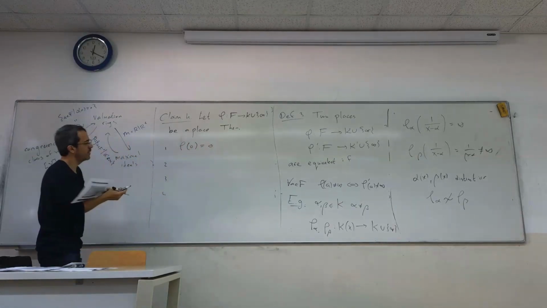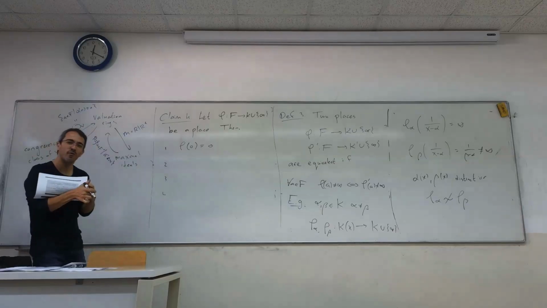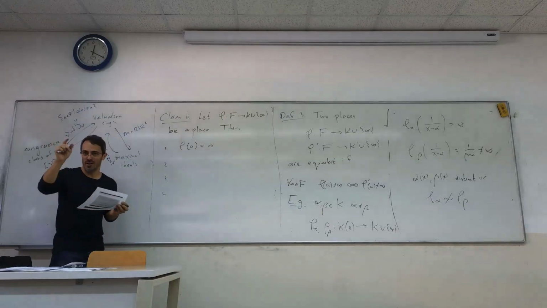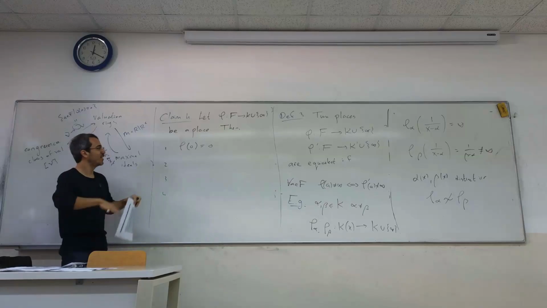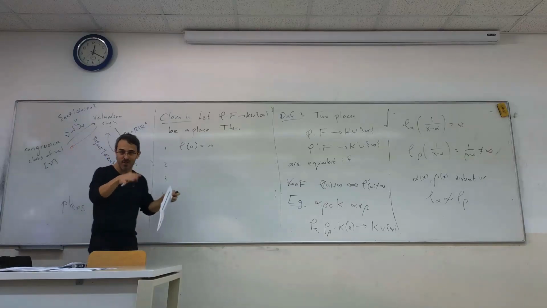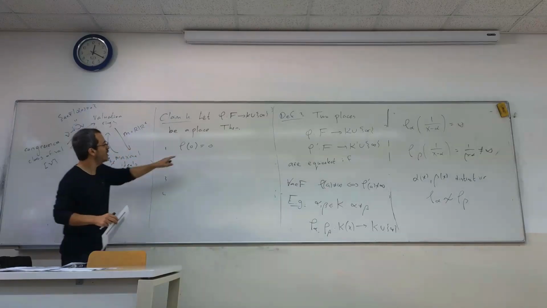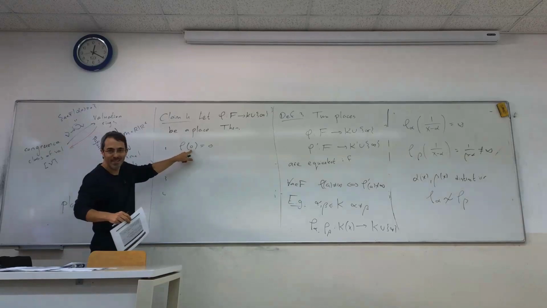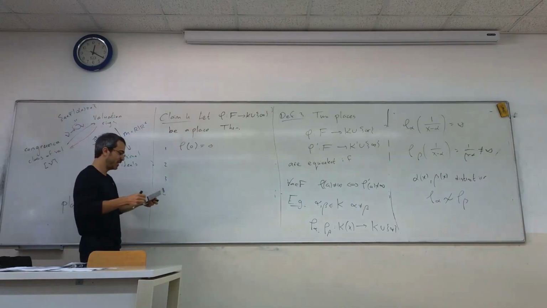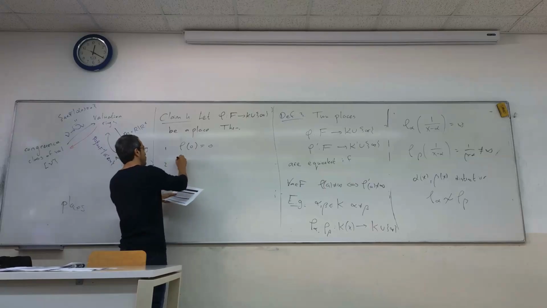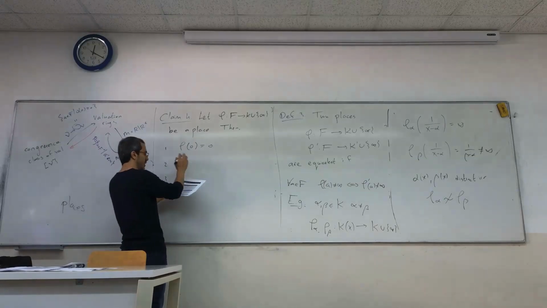And in the definition of a place, you don't have that. You have phi of 1 equals 1, and then phi of AB is phi of A times phi of B when conditions are allowing that, and phi of A plus B is phi of A plus phi of B. You don't have phi of 0 directly, so what you do is you get phi of 1 minus 1, because 1 minus 1 is 0. So that's obvious, but I just needed to mention that.